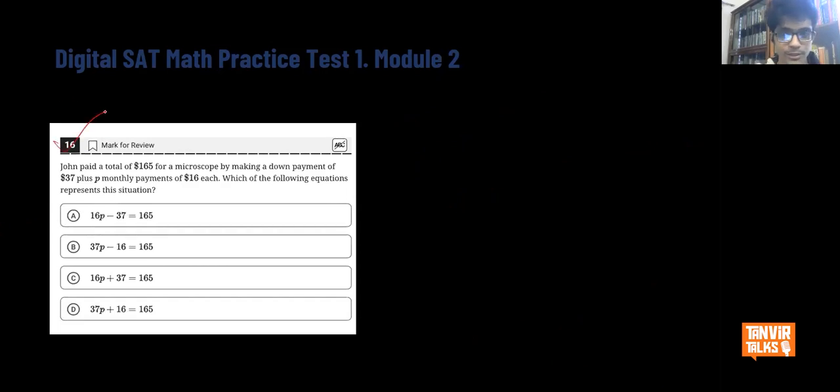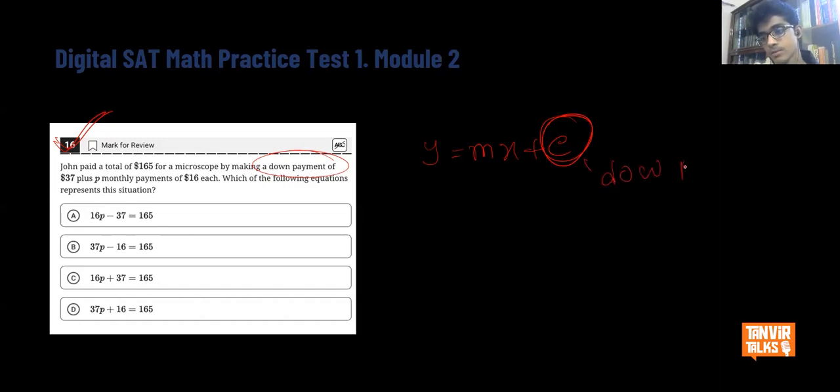Okay, 16 কি বলছে যে John paid a total of 165 for a microscope by making a down payment of 37 plus p monthly payments of 16. What's down payment? So down payment হচ্ছে আমাদের initial paymentটা. So that's basically আমরা যখন একটা লিনিয়ার ইকুয়েশন লিখি না, y is equal to mx plus c, so এই c টা হচ্ছে ইনিশিয়াল অ্যামাউন্ট বা যেটা ফিক্সড অ্যামাউন্ট আমাদেরকে দিতে হবে, in this case it's the down payment.